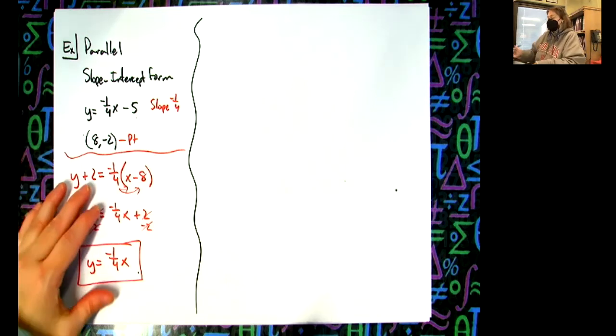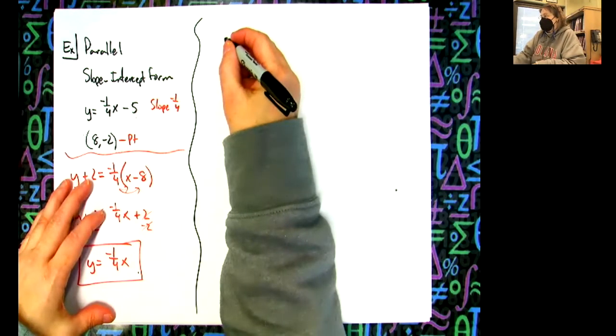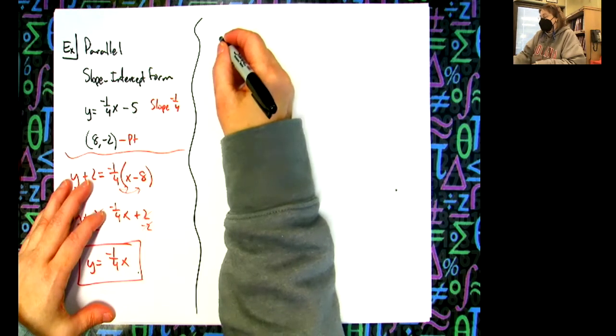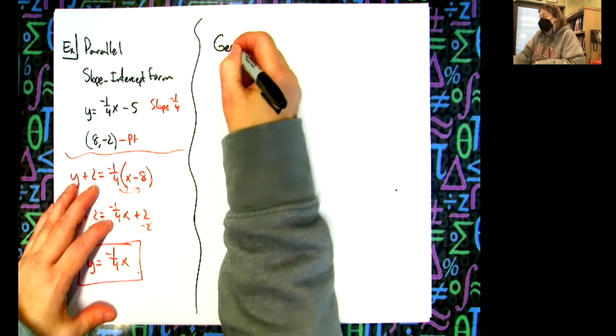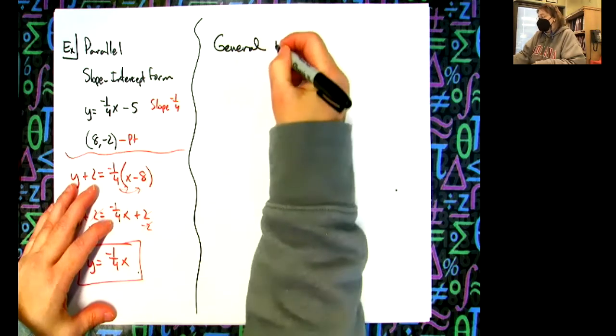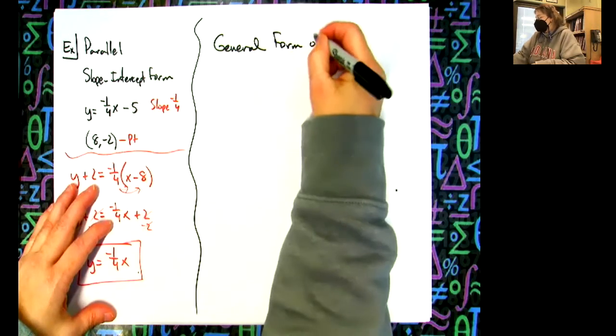Now, maybe, have we talked about general form in here yet? Probably not. Okay. All right. Some pre-calc books will start talking about a general form of a linear equation.